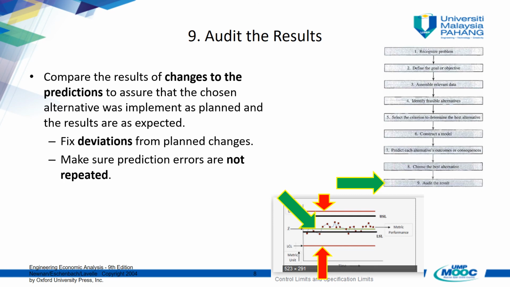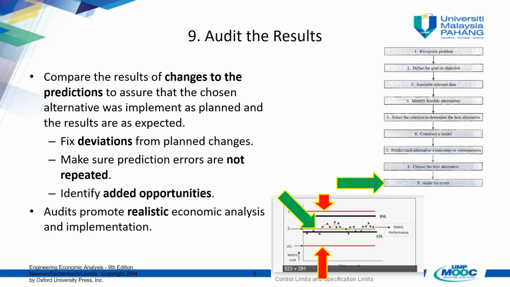We must make sure that our prediction errors are not repeated. We need to find out how we want to ensure that, and we try to identify what opportunities we can gain there. Audit will promote realistic economic analysis and implementations.